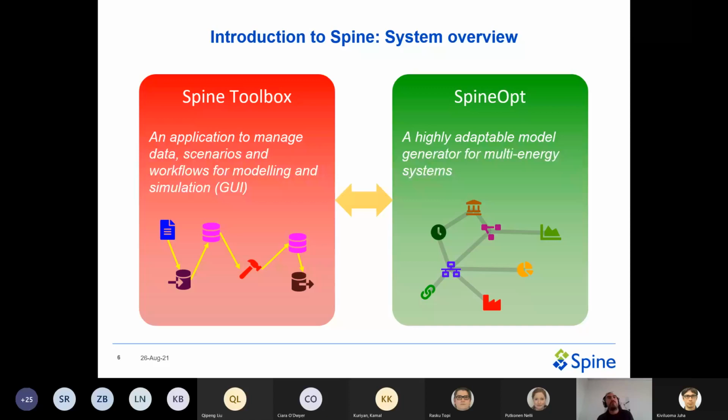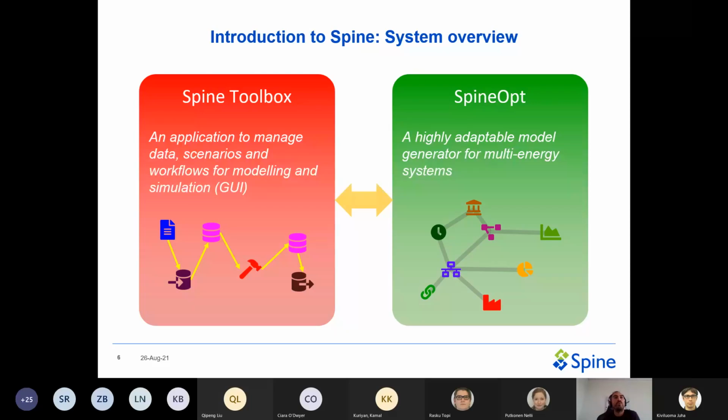So what is Spine? One way to speak of Spine is by speaking of its main two components, which are seen in this slide here. On the left, in this red box, we have what we call Spine Toolbox, which is basically a GUI that you can use to build a workflow.